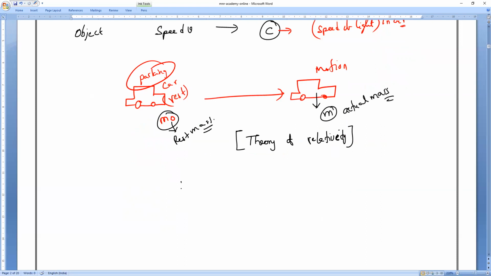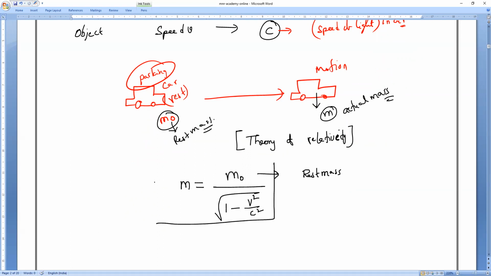The formula is m equals m naught, where m naught is the object's rest mass, divided by root over 1 minus v square by c square. This is the formula for calculating actual mass as well as rest mass.